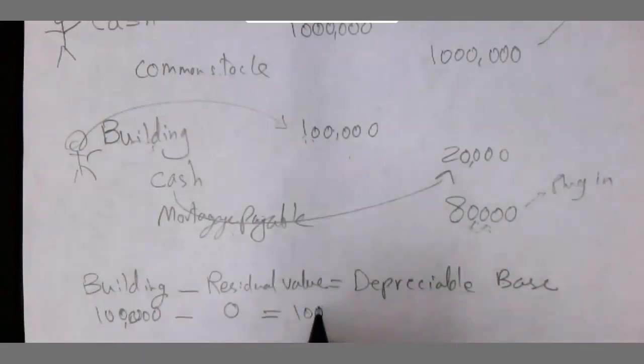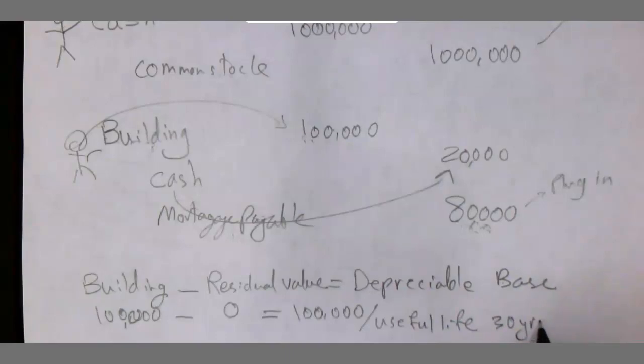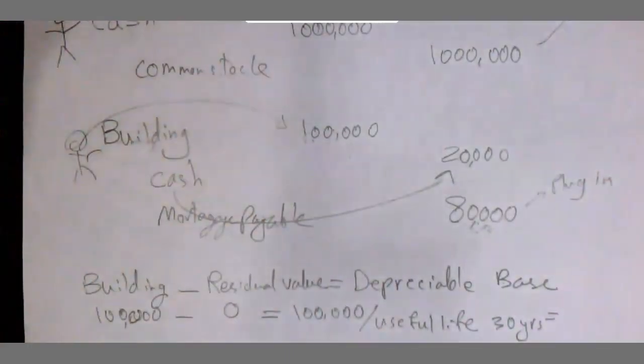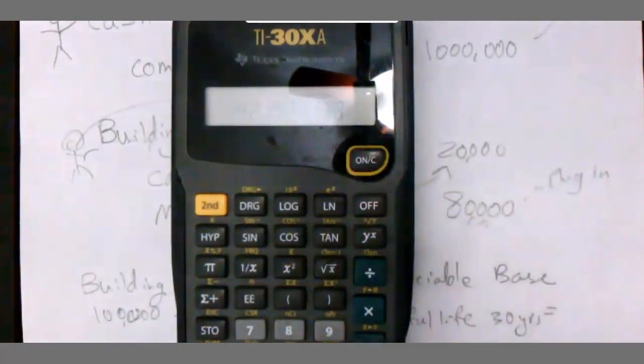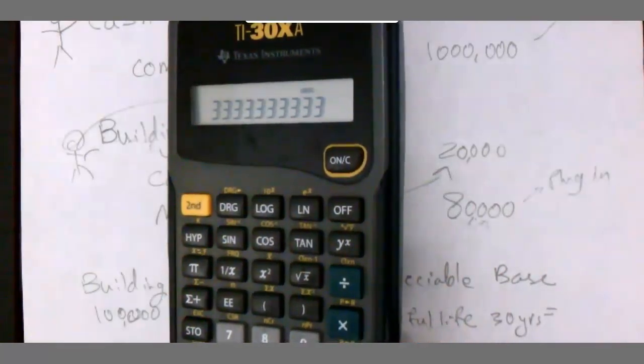And that's 100,000 divided by useful life, let's say 30 years, equals $100,000 minus 0 residual value equals 100,000 divided by 30 years. That's $3,333.